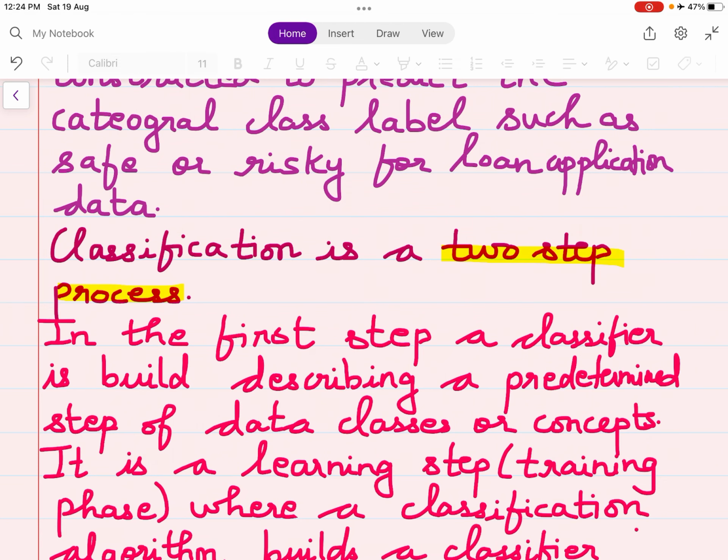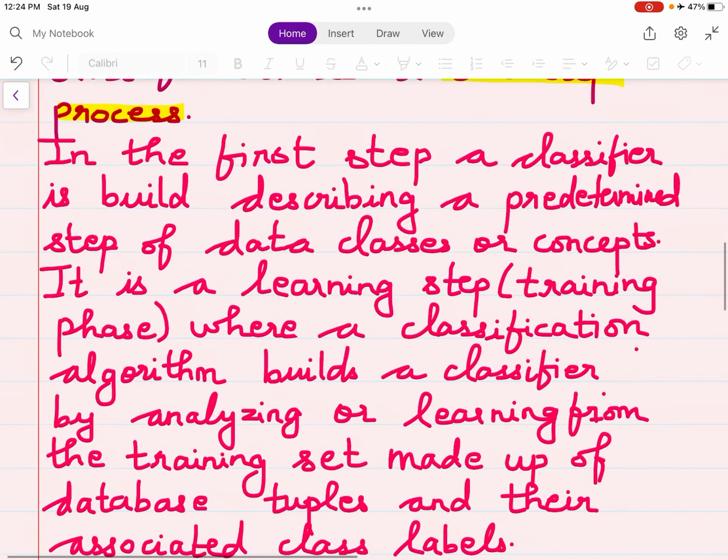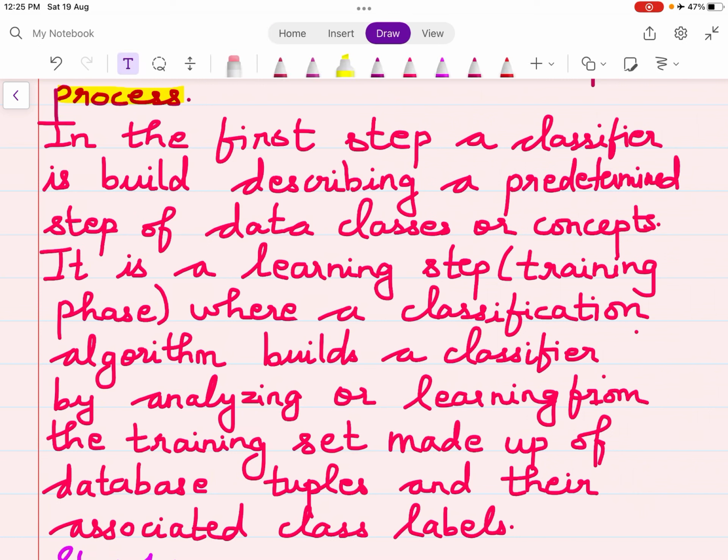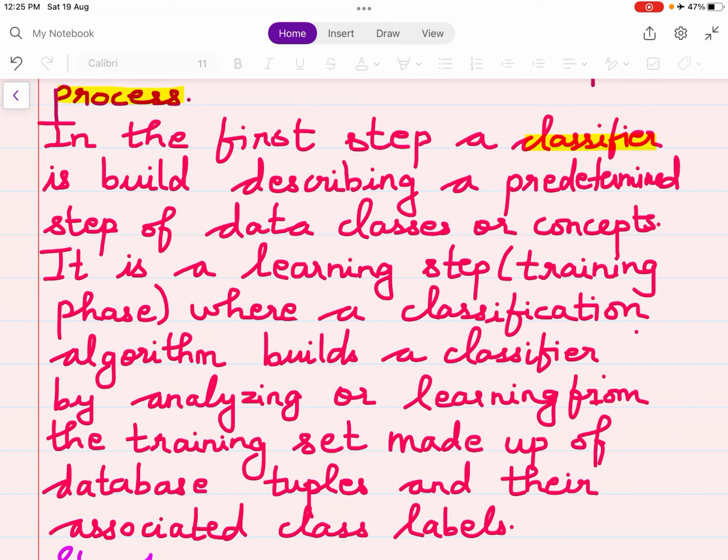Now in the first step, a classifier is built describing a predetermined set of data classes or concepts. So who is making it? You are not making it, the machine will make it.